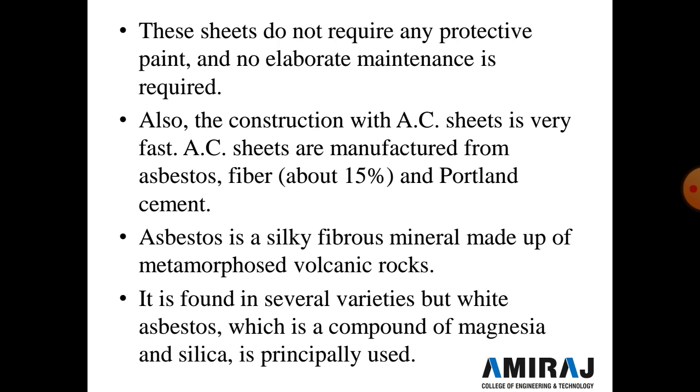So AC sheets is a very fast manufacturing process, and asbestos is a silky fibrous mineral made up of a metamorphosed volcanic rock. It is found in several varieties, but white asbestos, which is a compound of magnesia and silica, is principally used.